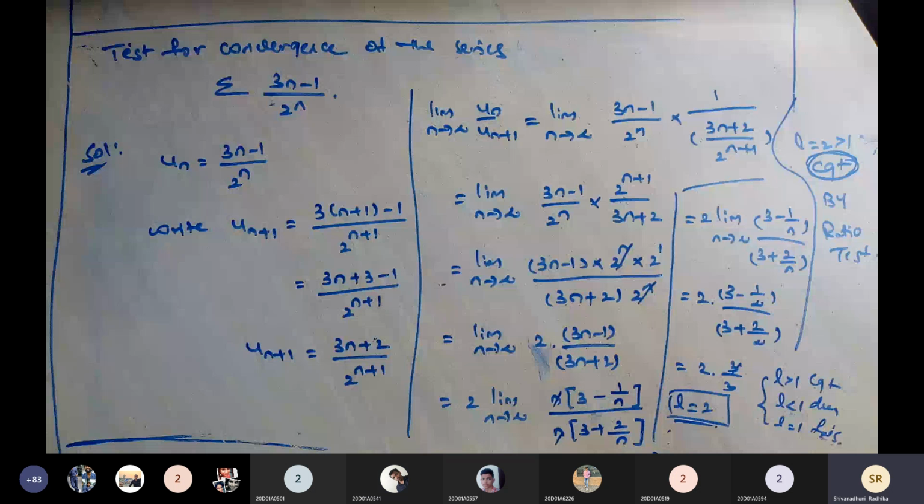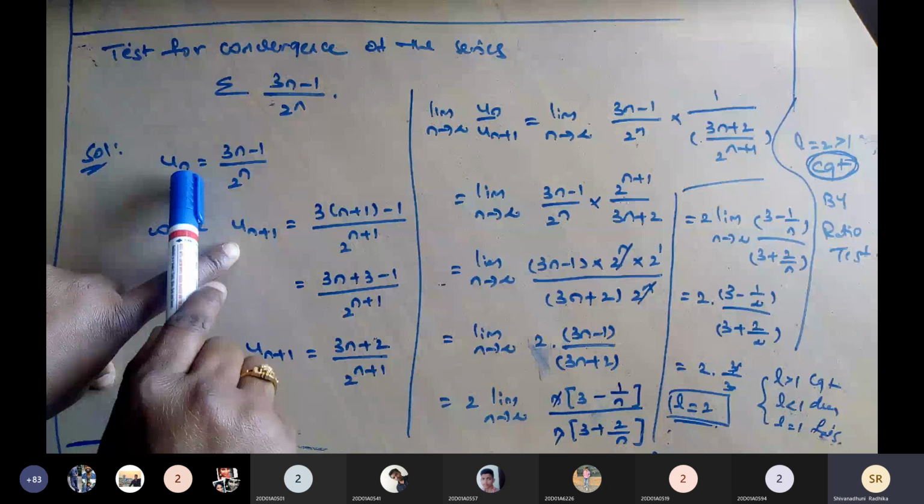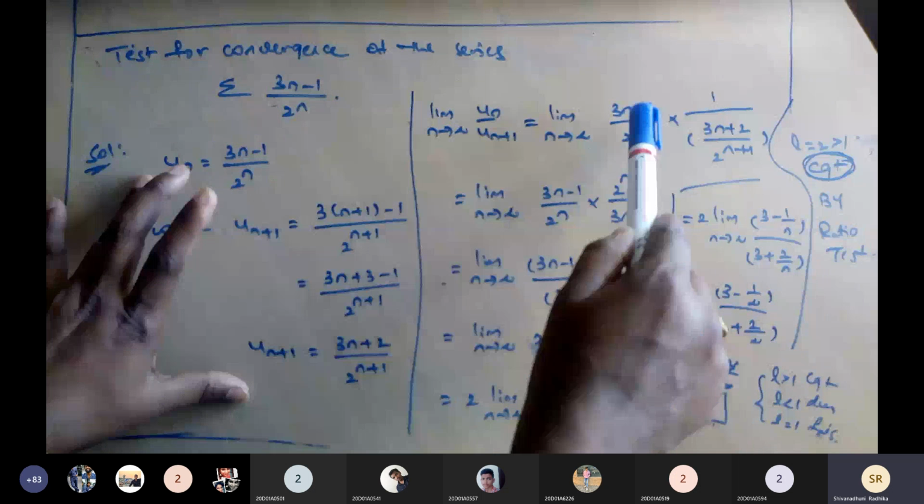Once again, I am going to repeat this one. By using the D'Alembert test ratio, first of all, write Un. Immediately, you can write Un plus 1, substituting n equals to n plus 1 in place of n. Then we are getting Un plus 1. And immediately, you can find through the D'Alembert test ratio, limit n tends to infinity Un plus 1 by Un. Now substitute Un and Un plus 1.